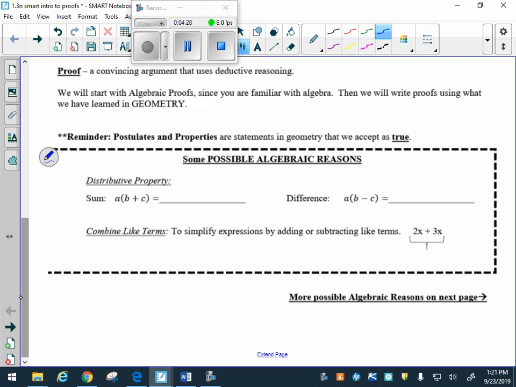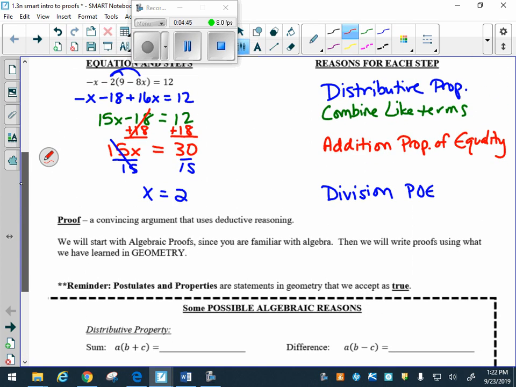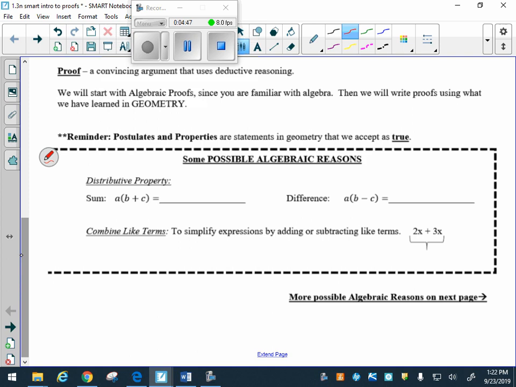In algebraic proofs, when we're justifying every step, there's a bunch of choices that we have when we're justifying the reasons. Distributive property was one of them. We already talked about that up here when we did our problem. The second step was distributive property.